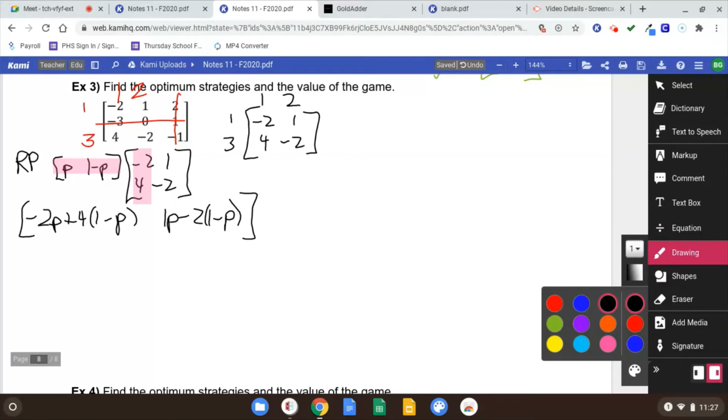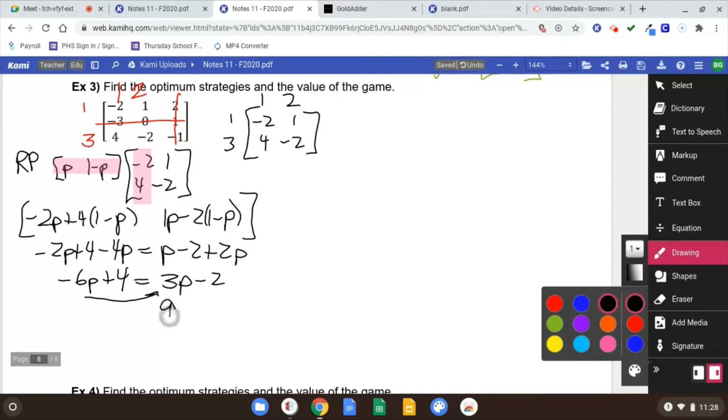We equalize those. -2p plus 4 minus 4p equals p minus 2 plus 2p. Collect like terms: negative 6p plus 4 equals 3p minus 2. Moving stuff around, add that over, that's 9p.